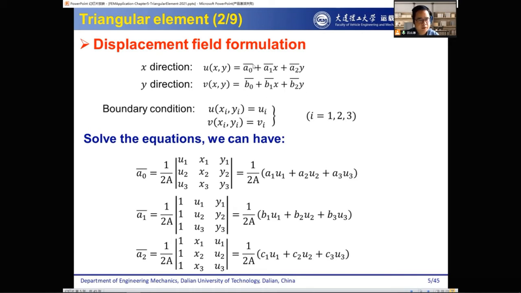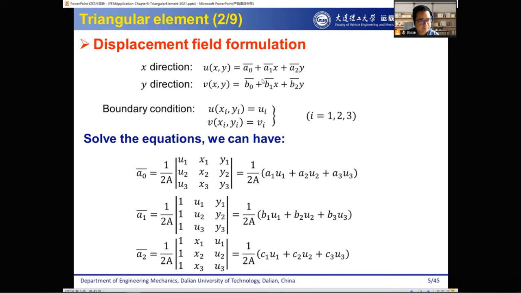Because this is a two-dimensional case, we have two variables. If you remember, in the previous lecture, when we talked about the bar element, it was only one-dimensional, so we only had one variable. But this is two-dimensional, so we have two variables.